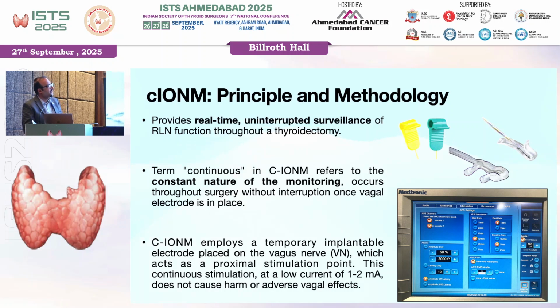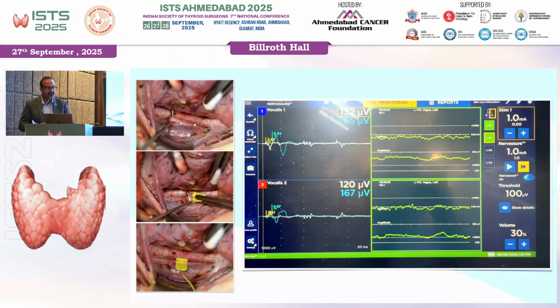The Medtronic comes with an APS, the IONM comes with a Delta, so each company has its own names. The principle is the same: you put this implantable electrode over the vagus, which continuously stimulates the vagus at a fixed current and a fixed frequency during the whole case. And the frequency can be changed based on your requirements. The default setting is 1 milliampere and 1 stimulation every 6 seconds. So this is important, and I'll come to this fact separately.